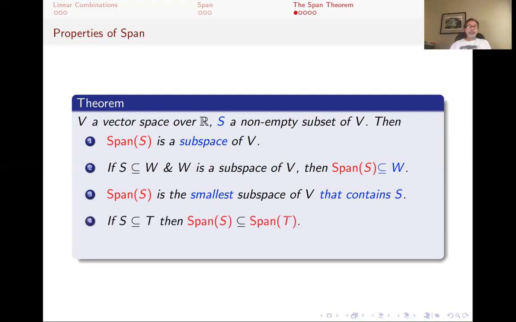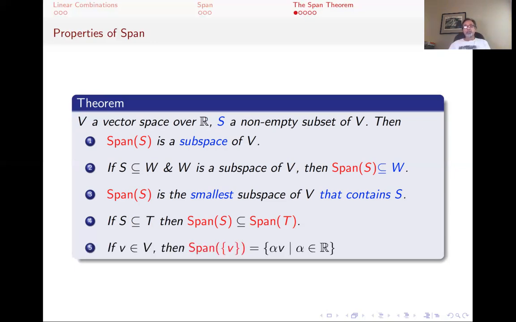The fourth one is almost a straightforward thing: if you have S and a T, and S is inside T, if you make S a little larger, add some elements and make it into T, then the span of S will also be inside the span of T.